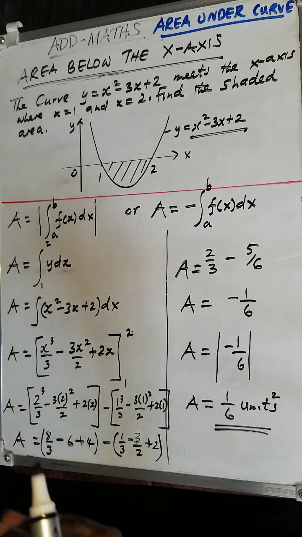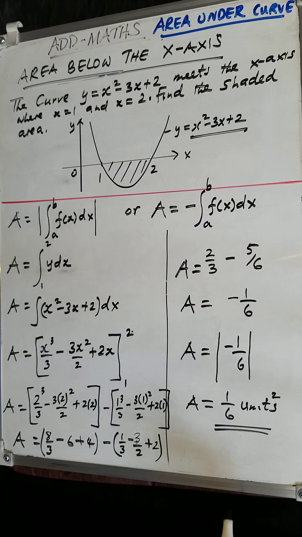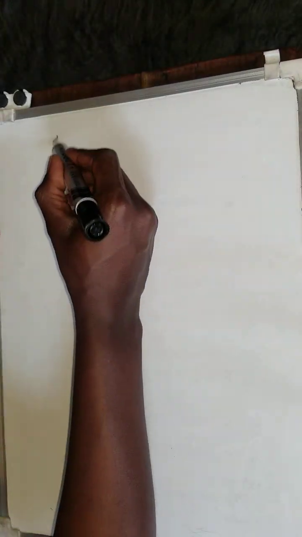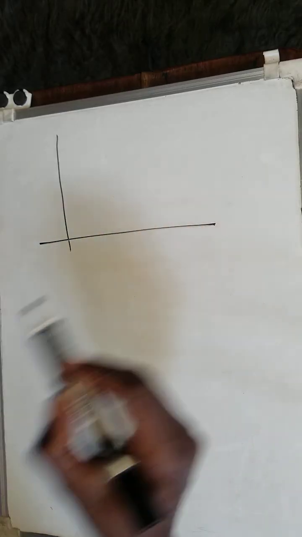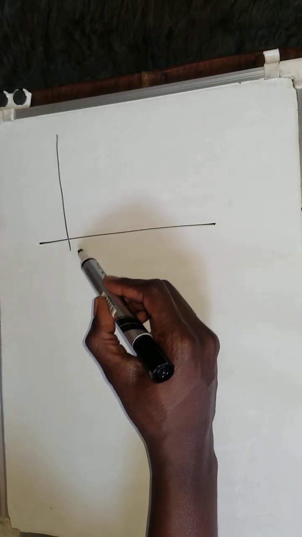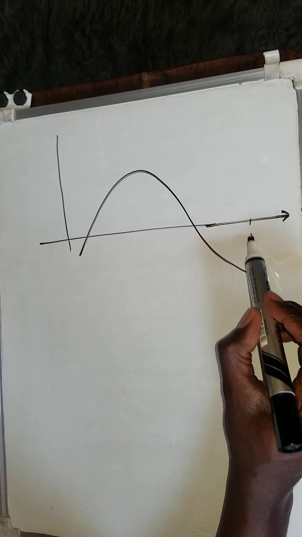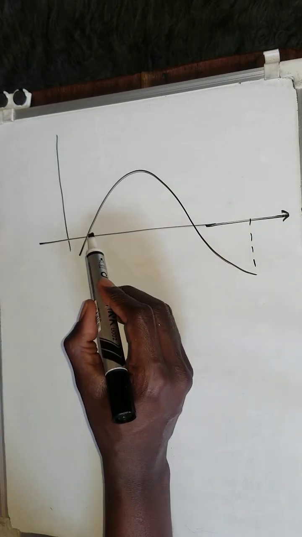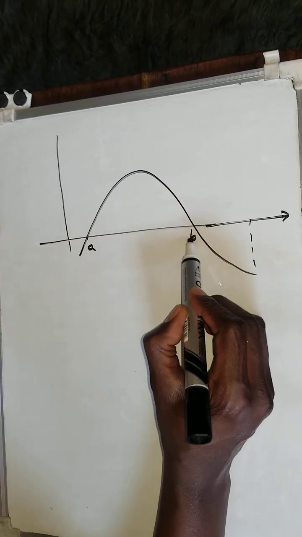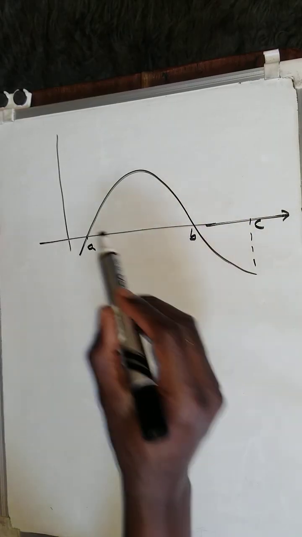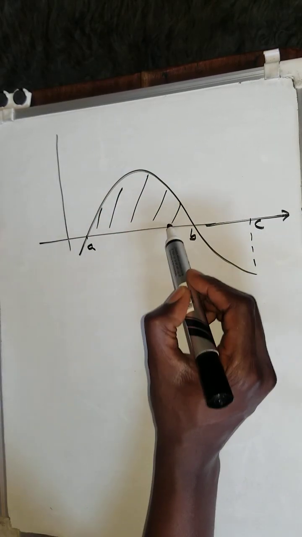So remember, as long as the area is below the x-axis, it is going to be negative. So let's say you have a graph that looks something like this, and they give you limits a, b, and maybe somewhere there c. This is the shaded region that you have.